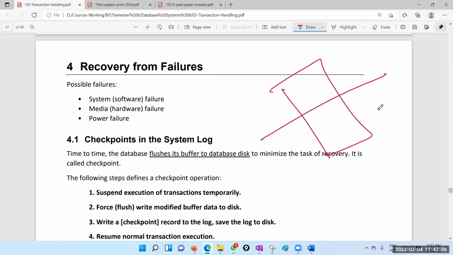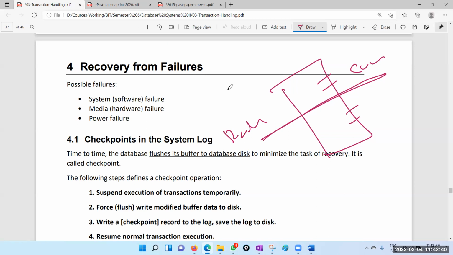Usually there won't be any conflicts, if the recovery is properly done by the database management system. There won't be a situation where a transaction is half done. Either the transaction is committed or the transaction is rolled back. There won't be a situation where a transaction is half done and please do the needful. No, nothing like that.